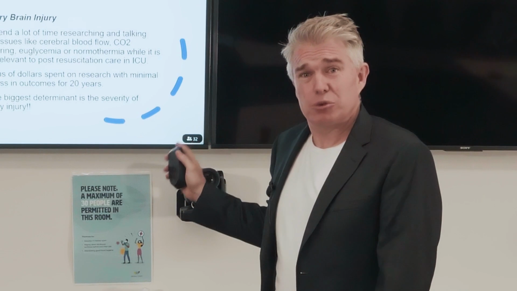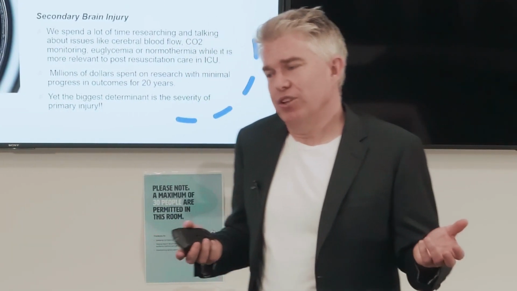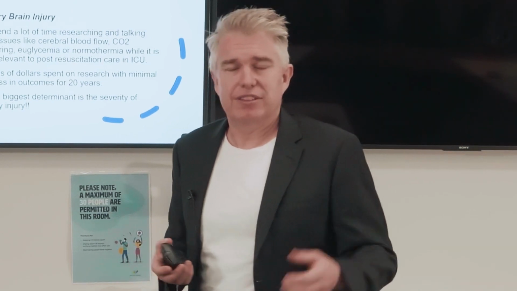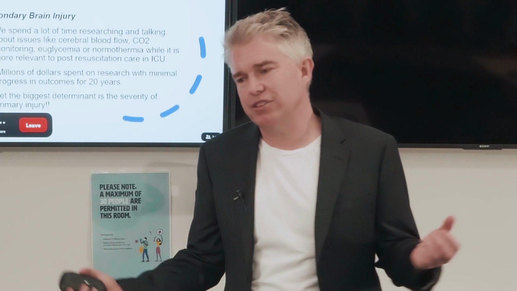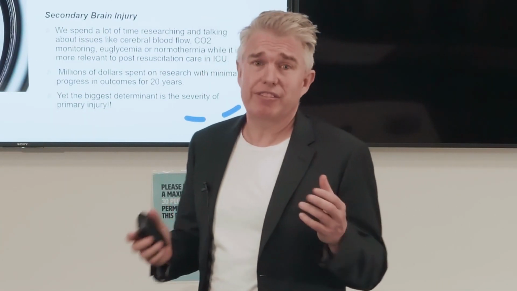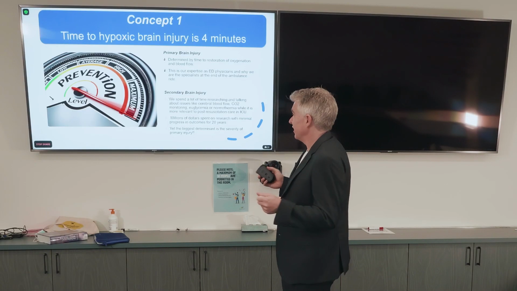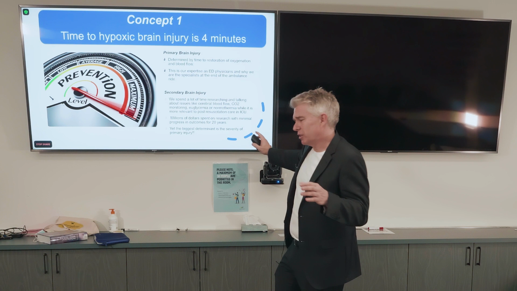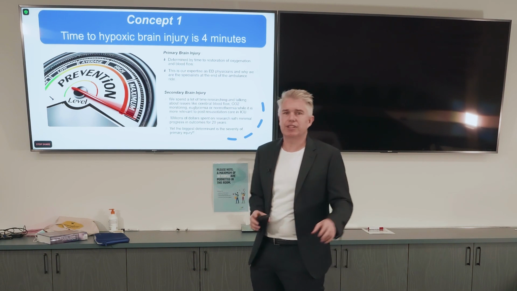We spend a lot of time talking about secondary brain injury in critical care. I do some retrieval. We talk about preventing secondary brain injury all the time. There's lots of research in intensive care and post-resuscitation care, millions of dollars. But the outcomes haven't really changed that much in the last 20 years. And when I talk about preventing secondary brain injury, we're talking about targeted temperature management, glycemic control, et cetera.